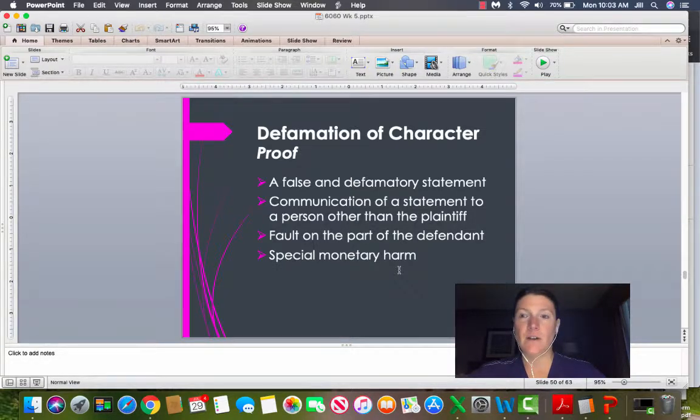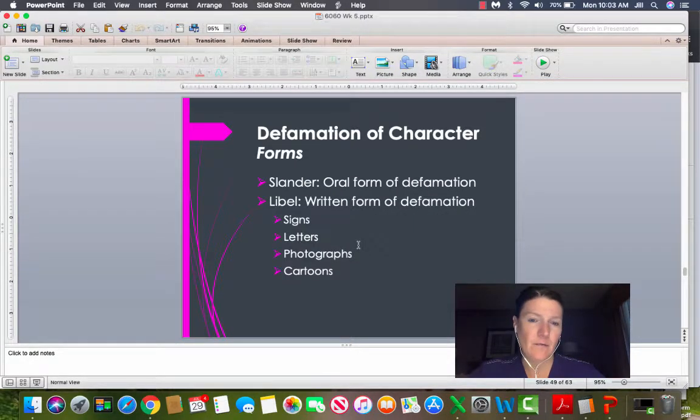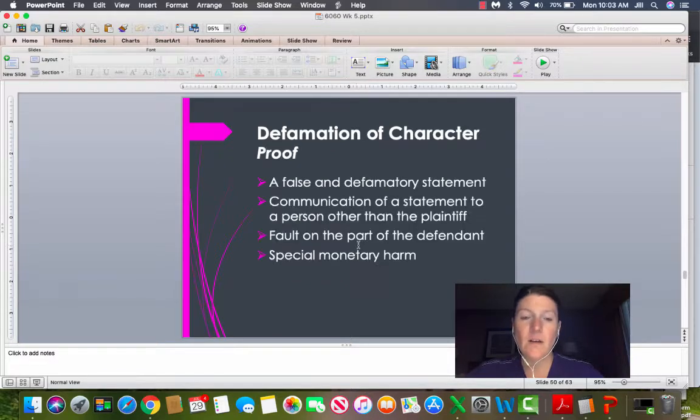These are the rates of infection that he has. These are the number of patients that he has injured in surgery, et cetera. That would not be libelous or slanderous. If it was a social media campaign, it would be libel because that would be written, but maybe they're saying those things out loud as well, so it could be slander. Either way, it wouldn't be libelous or slanderous because if they're showing facts, it's true.